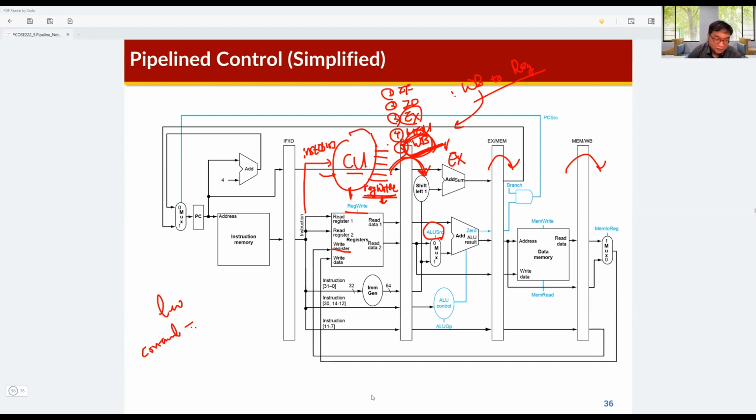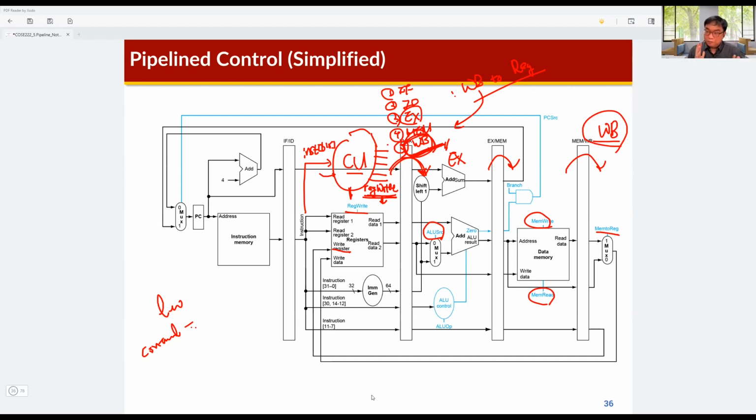The other control signals like mem write and mem read, also mem to reg, are the same. How about the mem to reg? Mem to reg is consumed at write back stage, so mem to reg is also propagated until write back stage. So just remember this.